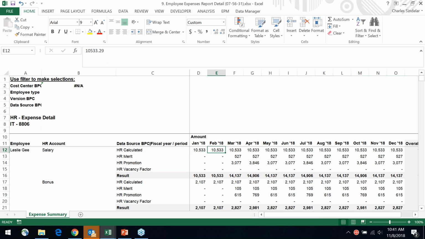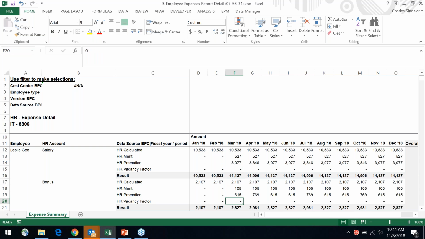We have their base salary that was calculated. Then this person also got a merit increase, and you can see that amount calculated. And then they also got promoted.